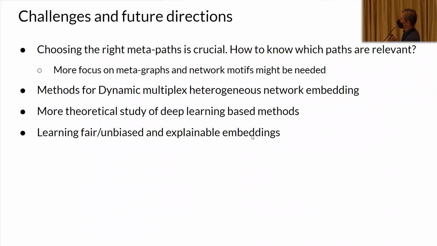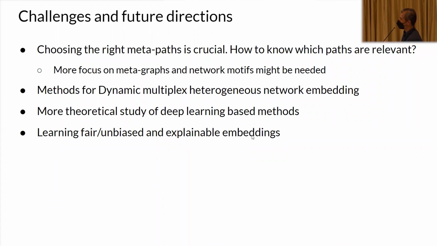Okay, so some of the challenges, some of the open problems are, again, here we also mostly rely on metapaths or metagraphs, but understanding which paths are relevant really depends on the semantics.